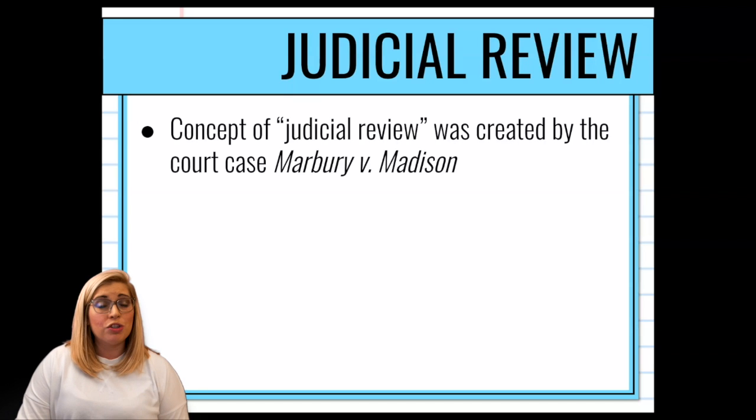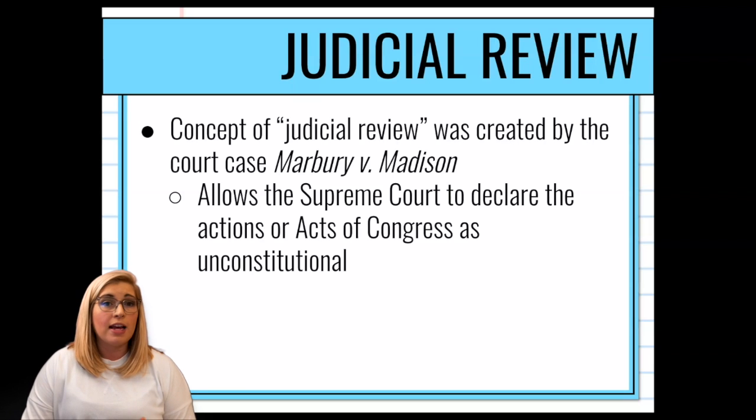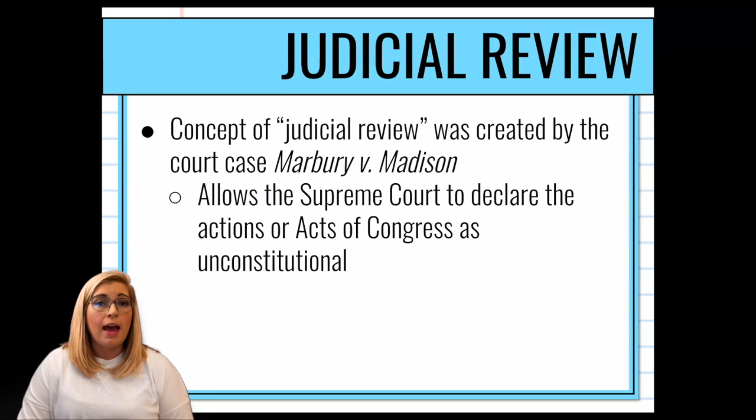So anyway, judicial review basically allows the Supreme Court to declare the actions or acts of Congress as constitutional or unconstitutional. So they can rule on different laws, rules, examples, cases, Supreme Court decisions, and they can review it and say it is constitutional or it's unconstitutional, going against the Constitution.